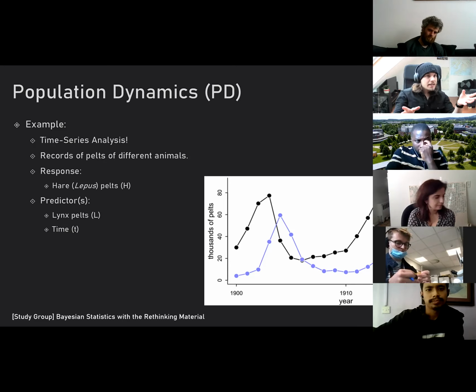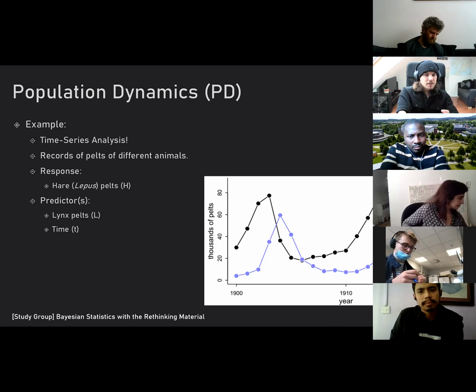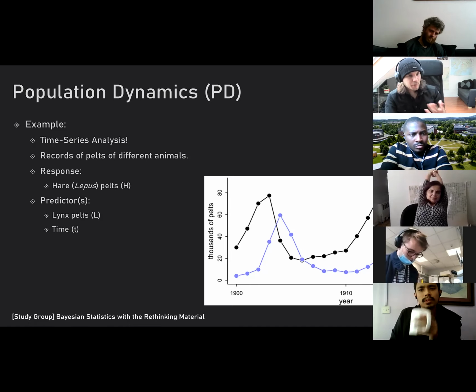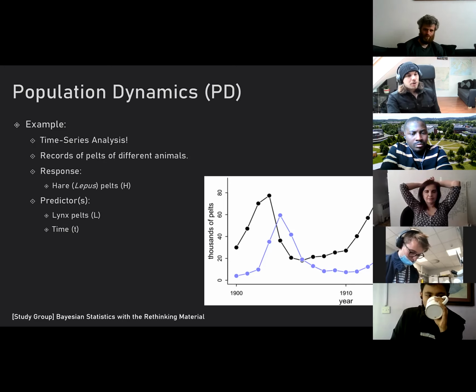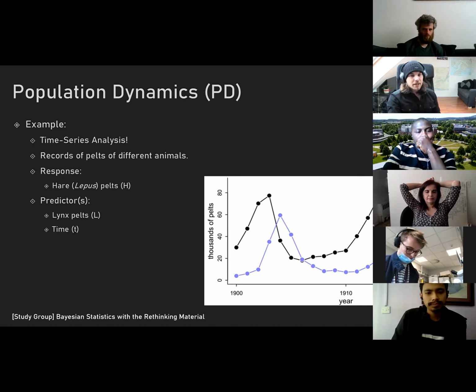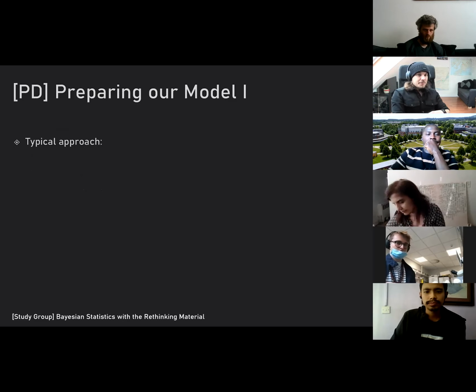We can see that there are some nice cycles on the right-hand side, and we want to build a model that can reproduce these cycles, where we can clearly see that the hare cycle of population dynamics obviously drives the lynx population size, or is at least closely linked to them, which is because lynx really like to munch on some hares, and I can't fault them for it.